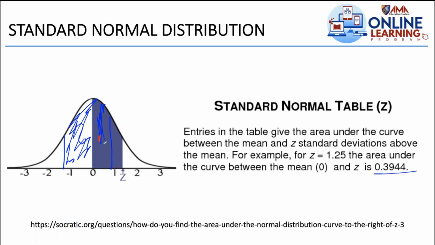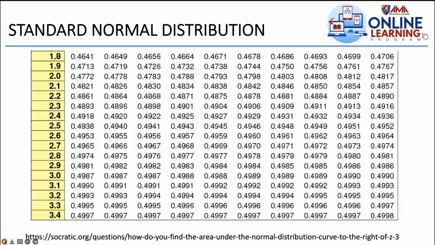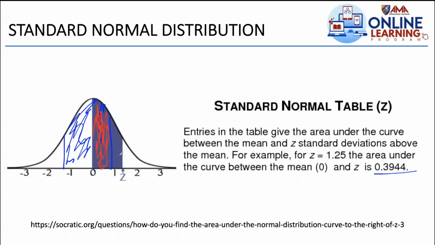So this one. The area here from 0 to 0.82 is that one that I showed to you. This one, 0.294 if you round it off. Okay? 0.294.